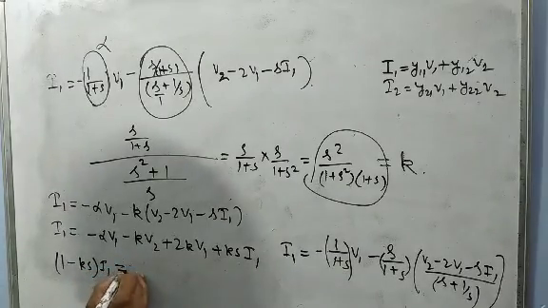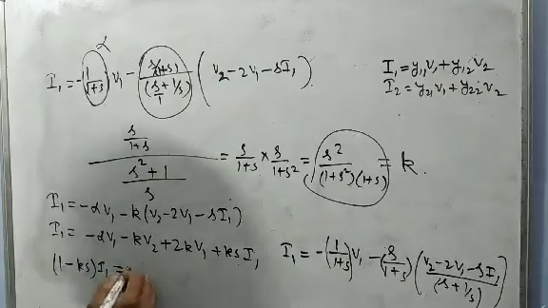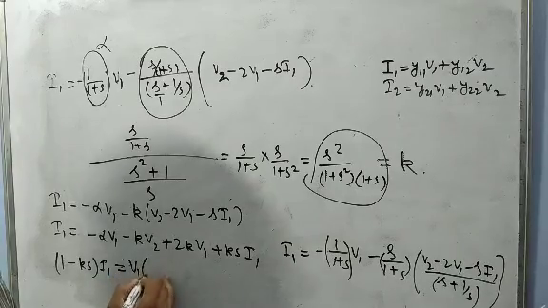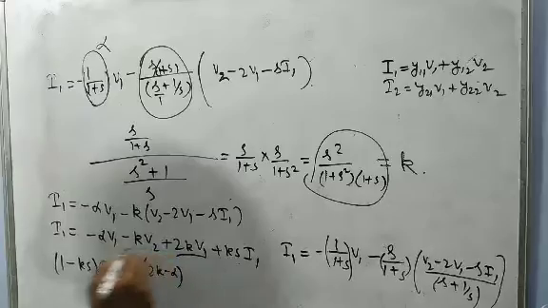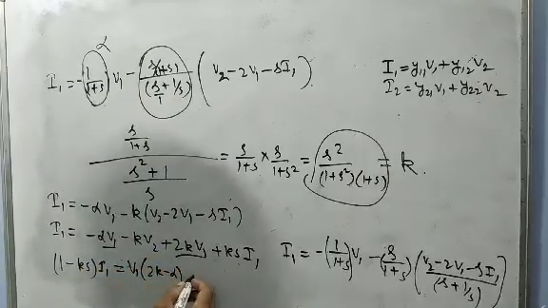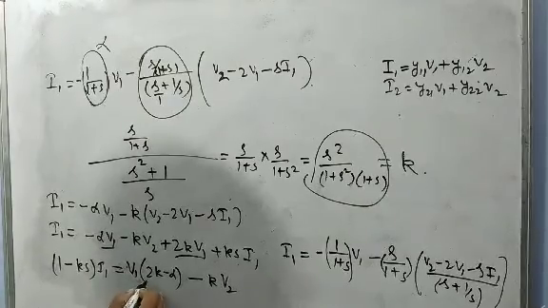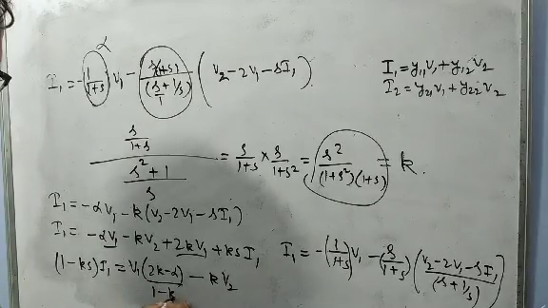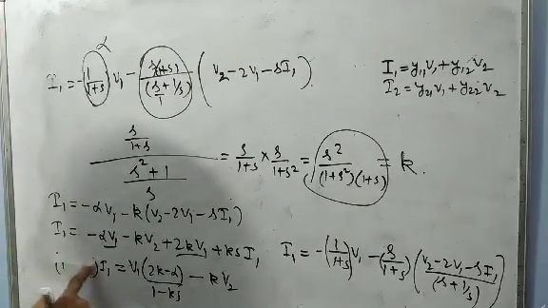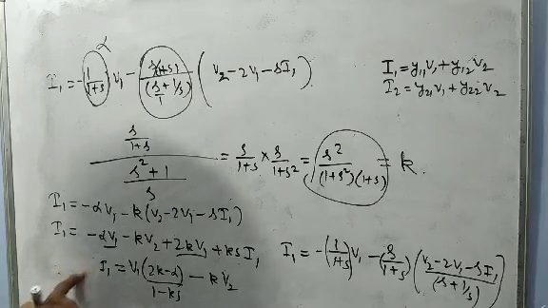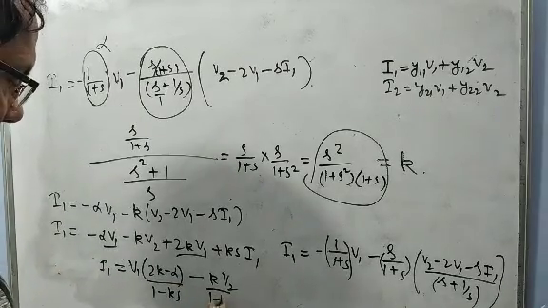V1 you can take common, 2k minus alpha V1, this part and this part gets this one, minus k V2. And if you divide by 1 minus ks, so this part gets over, this part gets over, and this part 1 minus ks.